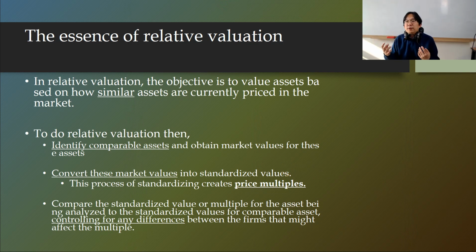You can make a fair comparison by standardizing the way of comparison: the price divided by net income or earnings per share, the PE ratio. For a given fundamental variable, how much is it evaluated in the market? That's the idea. Compare the standardized value or multiple for the asset being analyzed with the standardized values for comparable assets, controlling for any differences between the firms that might affect the multiple.